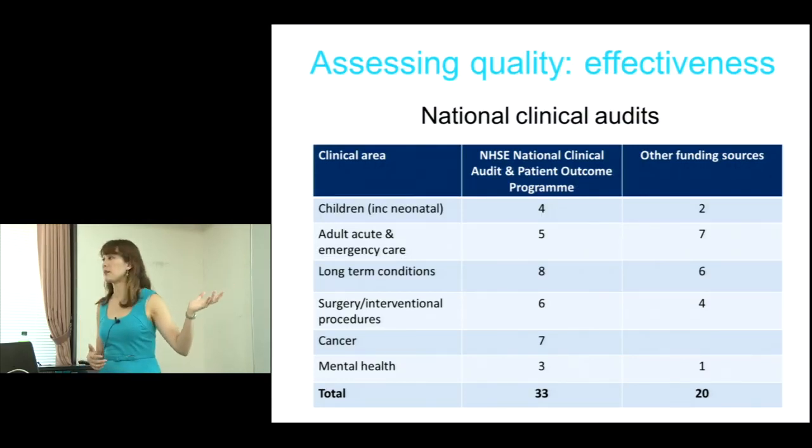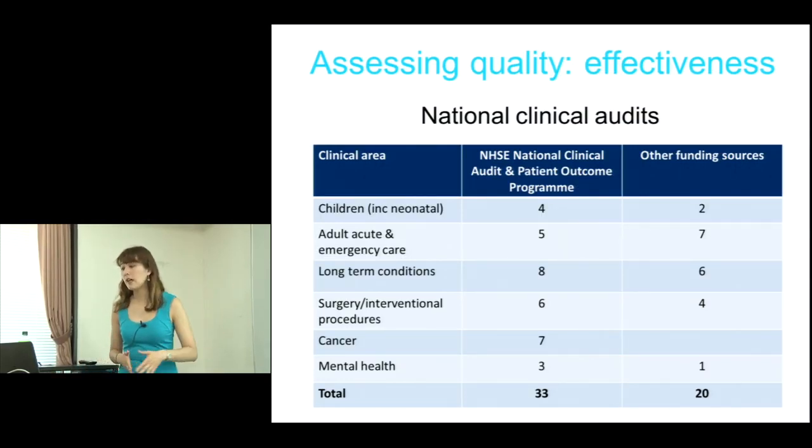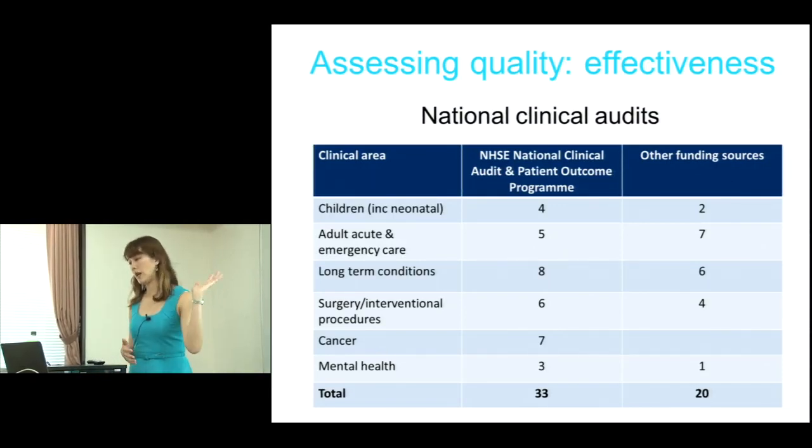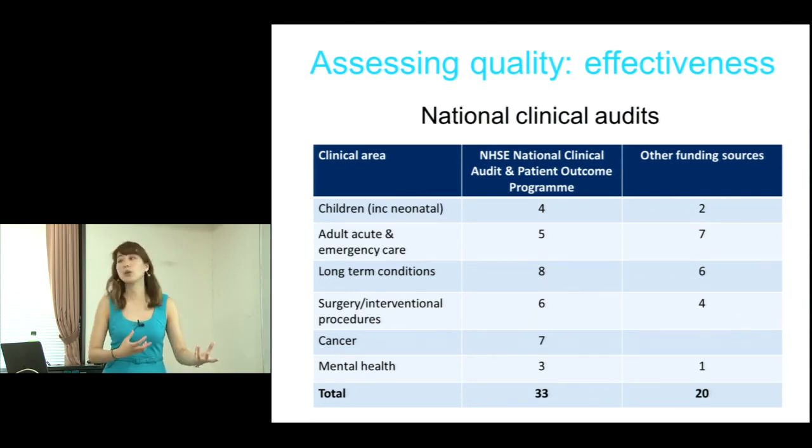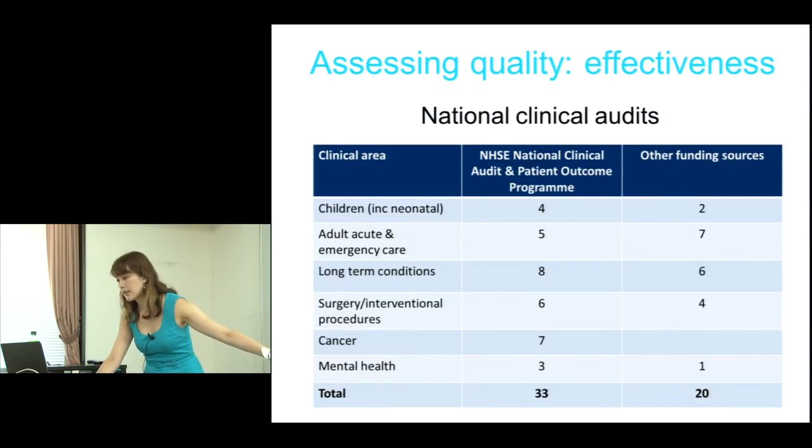A lot of it is funded by NHS England, and it's called the Audits and Patient Outcome Program. Majority of it measures processes and also mortality, because patient-reported outcomes are much harder to capture. But you can just see that there are lots. 33 nationally funded and 20 other funding sources. So 50 different national clinical audits, and this is across the entire country.